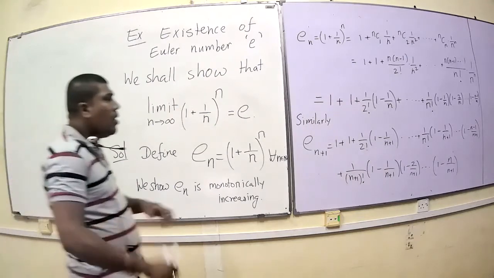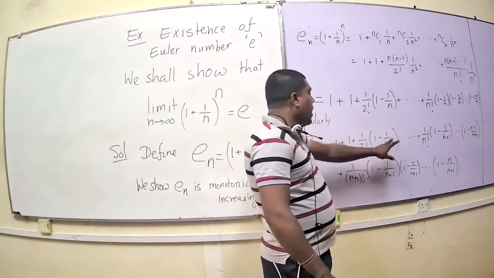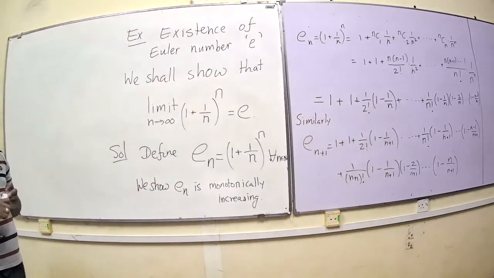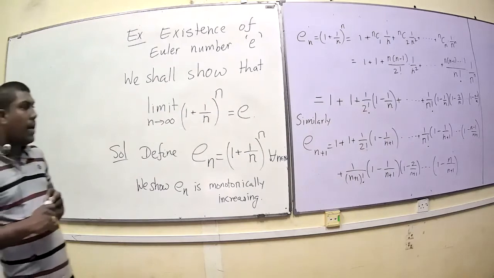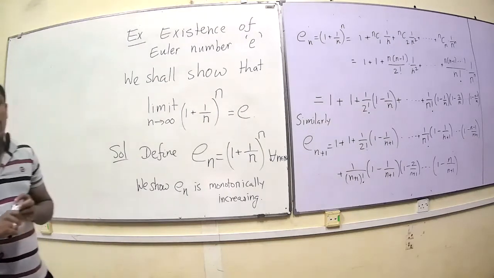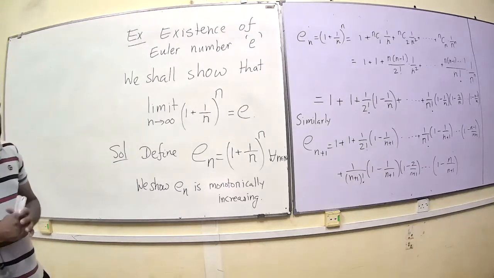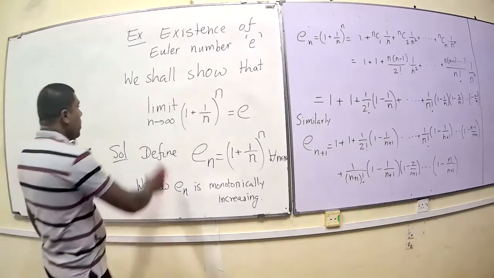So clearly, 1 minus 1 upon n and 1 minus 1 upon n plus 1. If you see a relationship, clearly 1 minus 1 upon n is smaller than 1 minus 1 upon n plus 1. And similarly for the others also.